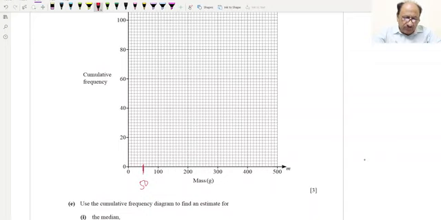We can take 41, 42, 43, so 43 will be in the middle. Basically it is 40, so 50 will be in the middle. We require 43, so it will be roughly somewhere here. So this is 43.